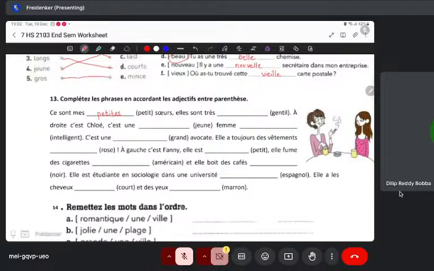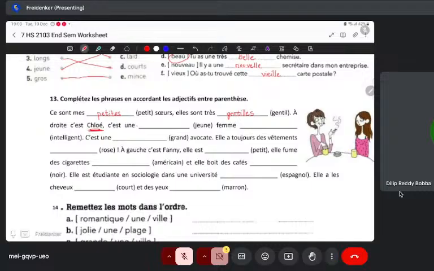Elles sont très gentilles. We're still talking about sisters, so write the feminine form of gentil. This is the feminine form and plural because we're talking about sisters. Ce sont mes petites sœurs. Elles sont très gentilles. On the right, c'est Chloé. Now we're talking about some female, Chloé.